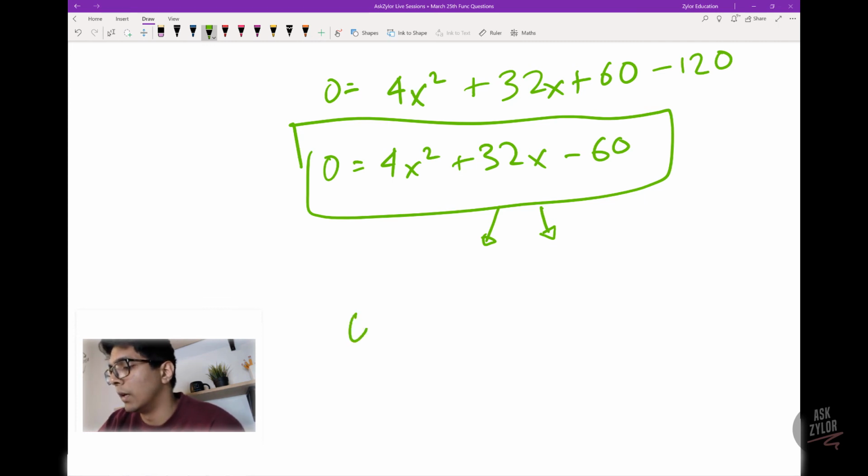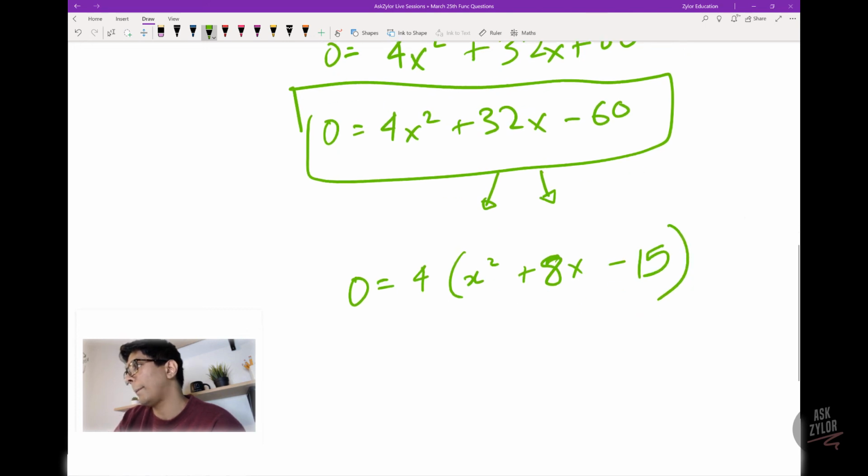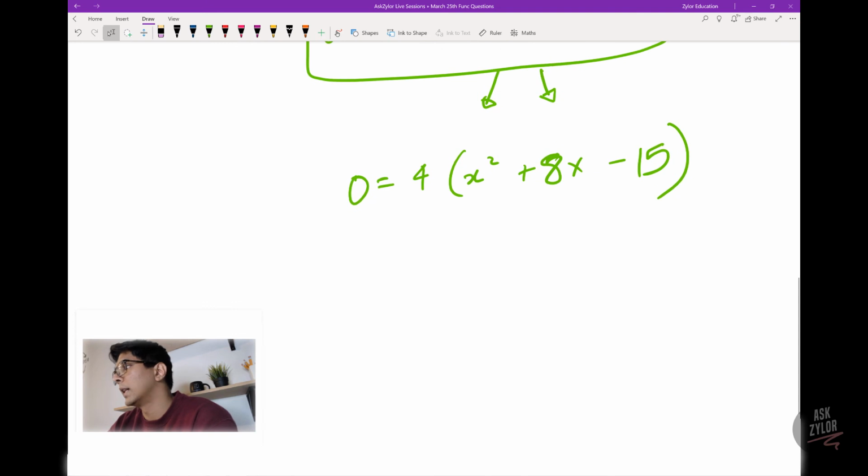So let's go ahead and factor out the common term in each one, which is 4. So I'm going to get 4 out, so x squared plus 8x minus 15. So then I can't factor this, so I'm going to go ahead and use the quadratic equation.